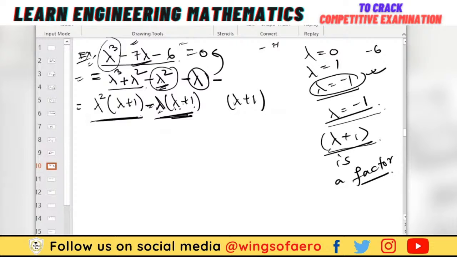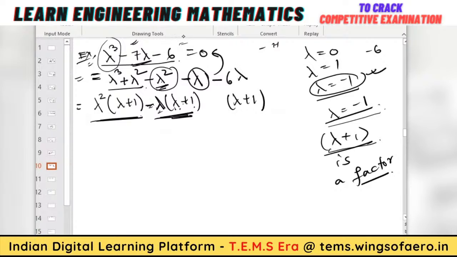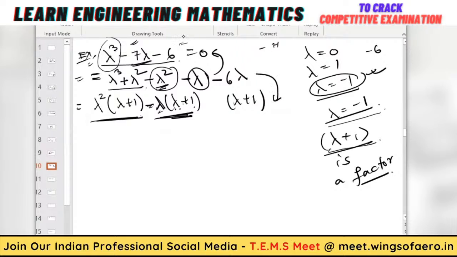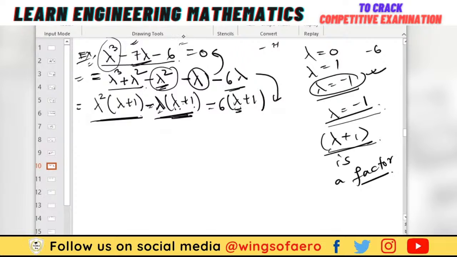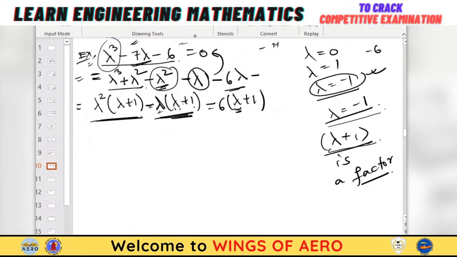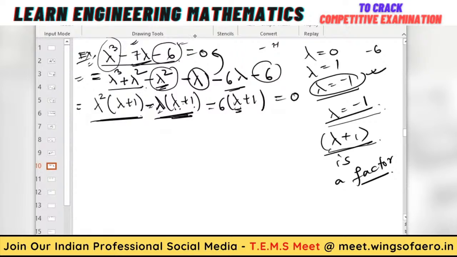So how to balance it? Minus 6 lambda, so it becomes minus 7 lambda. Again balance it: multiply with minus 6. So minus 6 lambda is already there, and minus of minus 6 is minus 6. This minus 6 and this minus 6 will be equal at the last stage. This equal to 0.